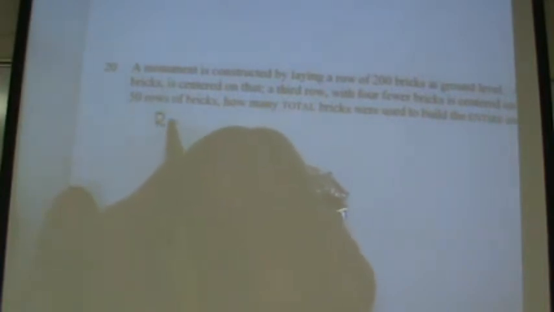Okay, you have a monument. And there's bricks. It's made of bricks. And there's 50 rows. In row 1, there's 200 bricks. In row 2, it says there's 4 fewer bricks, so 196. How many are in row 50? Well, we don't know. How do we figure this out?